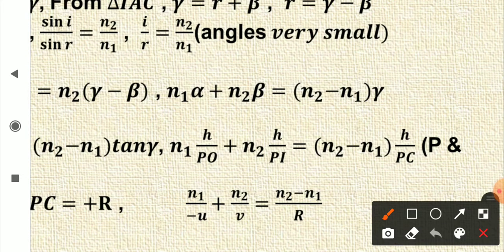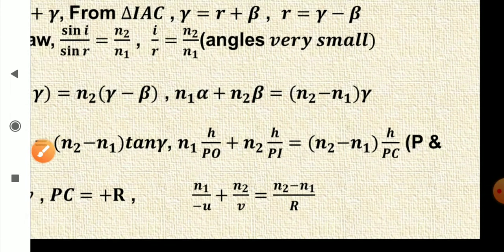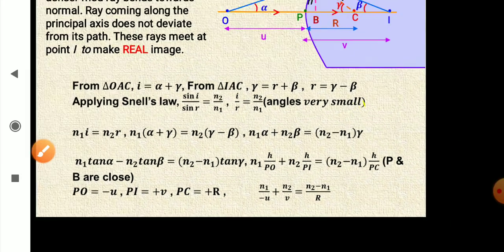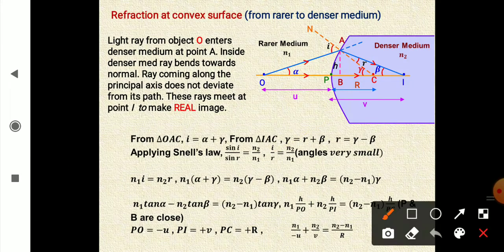So N1 h upon PO plus N2 h upon PI is equal to N2 minus N1 h upon PC, and P and B are very close. h is cancelled on both the sides. If you look at this diagram once again, the direction of the incident ray is this, and U is measured from the pole.